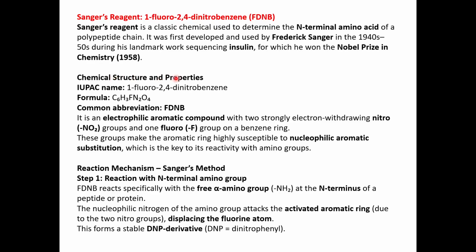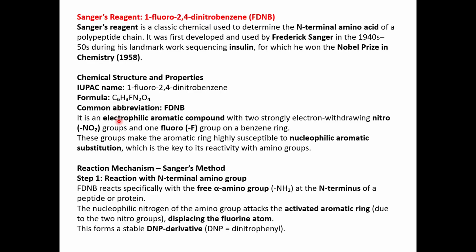So the basic chemical structure and properties of FDNB. So the IUPAC name of this is 1-fluoro-2,4-dinitrobenzene, and this is the chemical formula C6H3FN2O4, and a common abbreviation is FDNB.